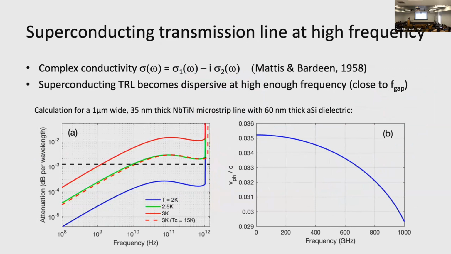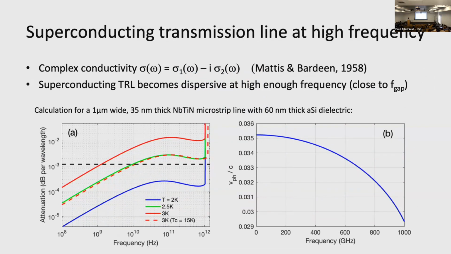Okay, so that was a lot about our microwave version of the device. But all of this can be translated in a straightforward way to the millimeter band. We can calculate what we expect the behavior to be at millimeter wave frequencies by calculating the complex conductivity using the Mattis-Bardeen equations.